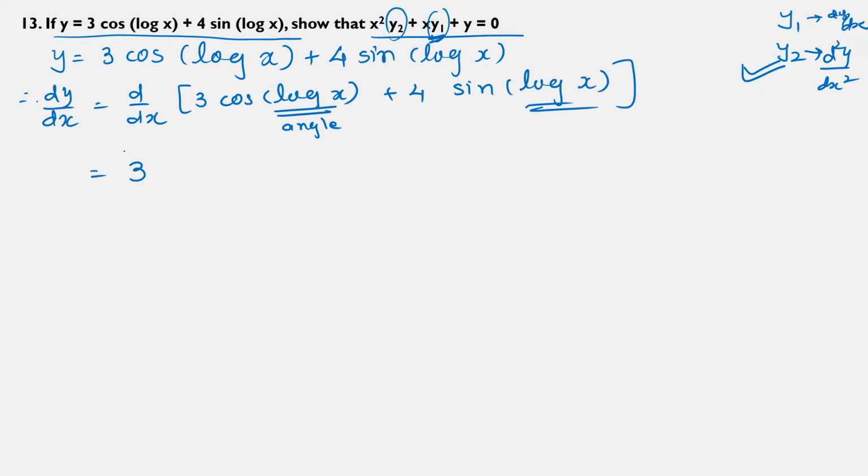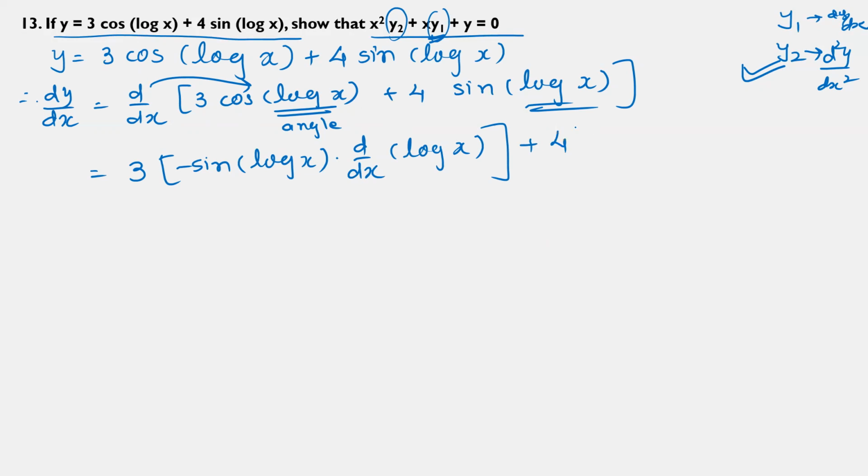3 is out. Then differentiation of cos is minus sine of the angle as it is, into differentiation of the angle, because it was some different weird angle. So do that also. If there is anything weird, an angle, bring it into the chain rule. Plus 4 as it is. Differentiation of sine is cos log x.